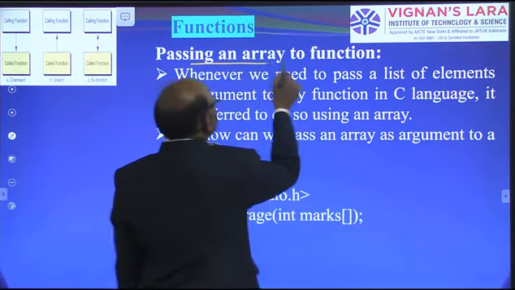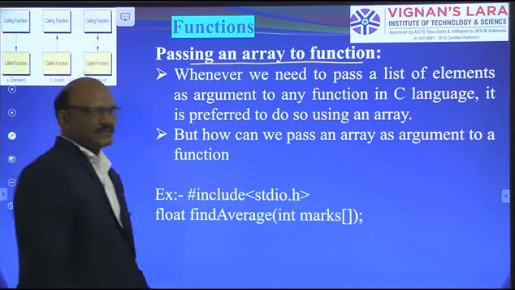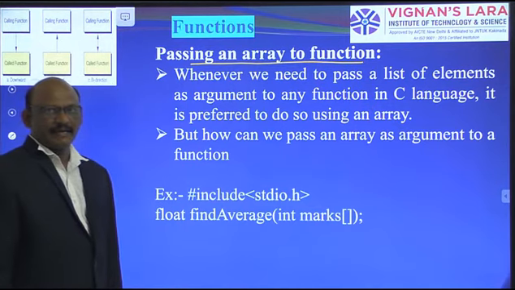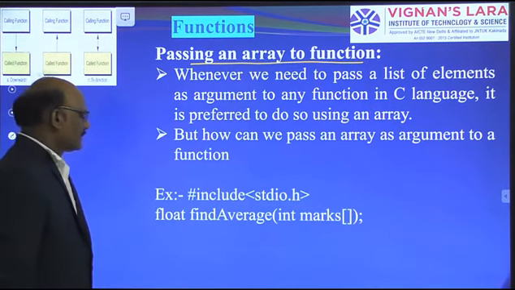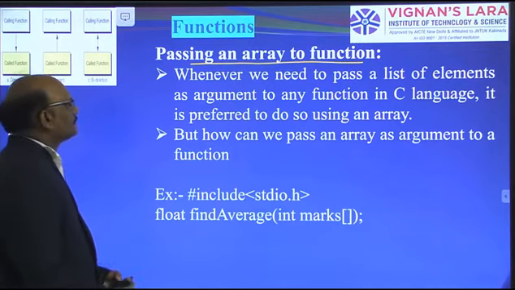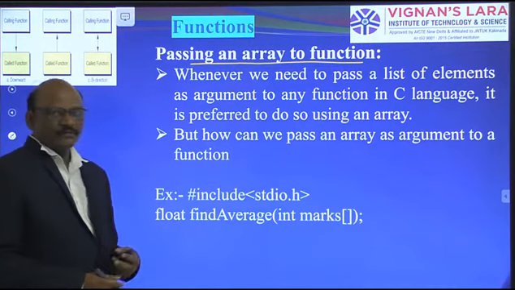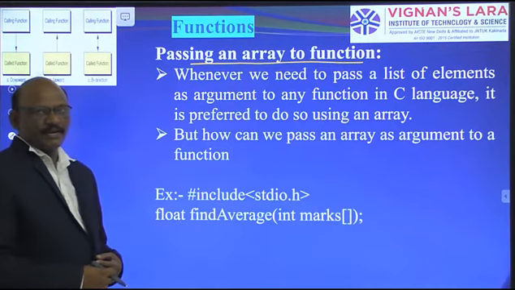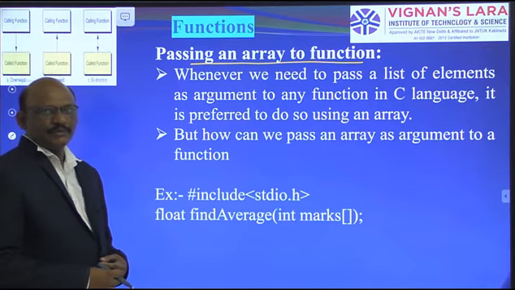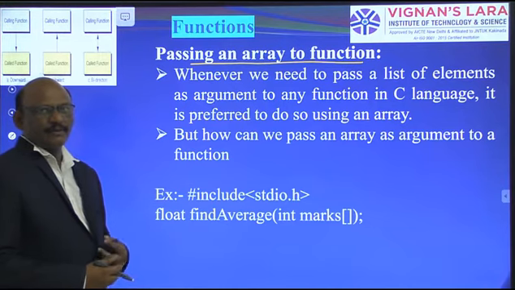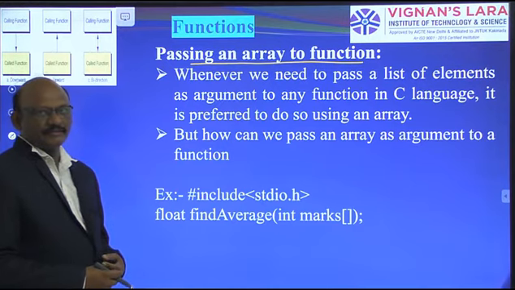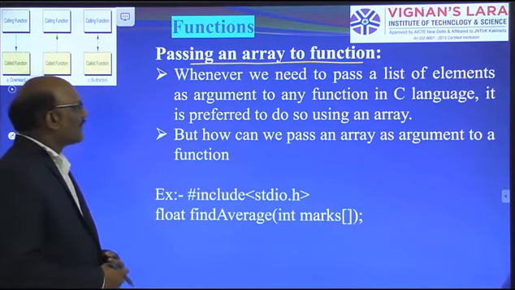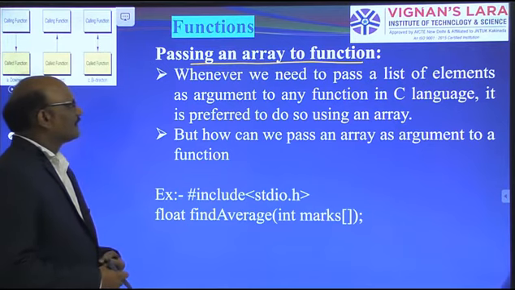Now we are going to discuss passing an array to a function. So far we have seen how to pass a value to the function or how to pass an address of a variable to the function. Now we'll see how to pass an entire array to the function.